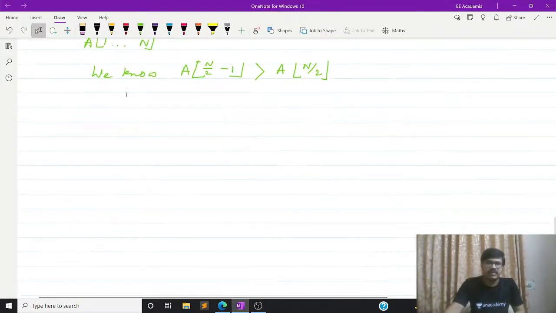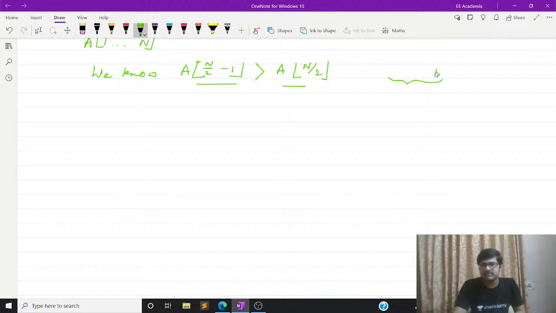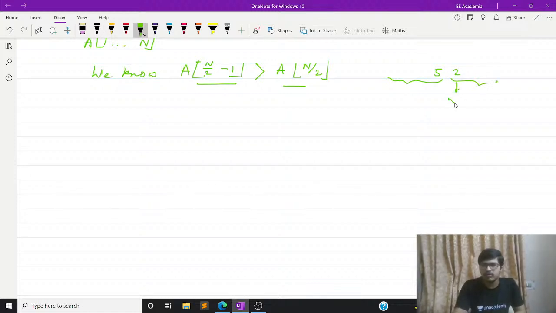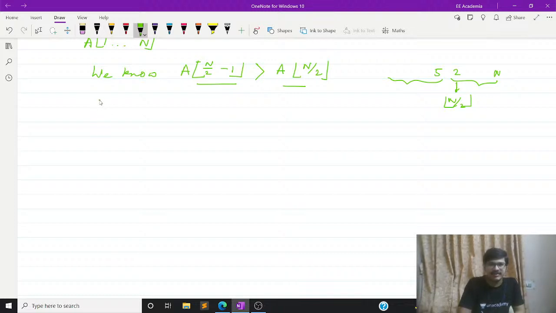Suppose we know that the previous element of the middle element is greater than the middle element. Say we have this array, the middle element is 5, this is n by 2, and this is the last element, n. Then there are two cases now.